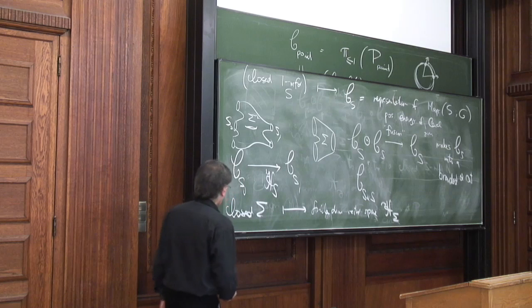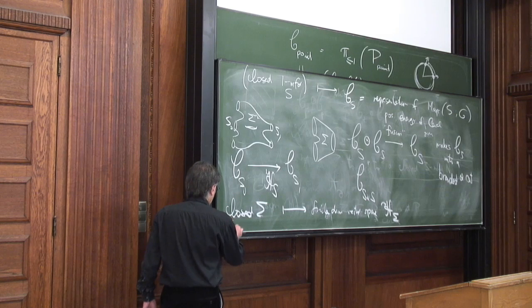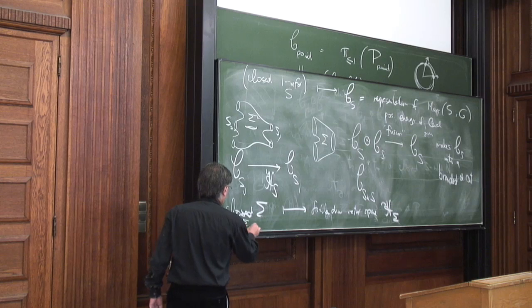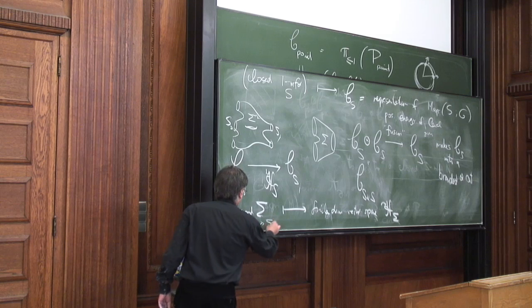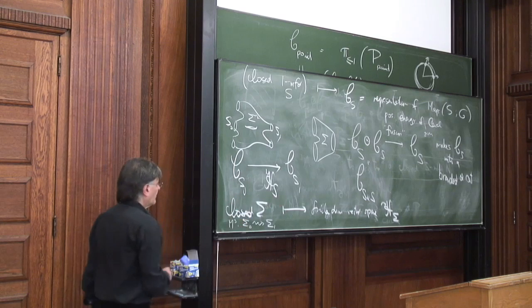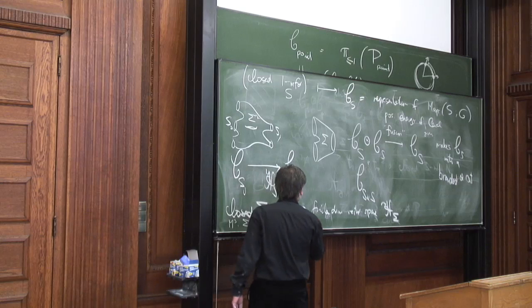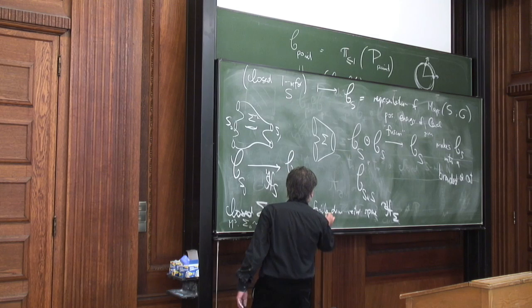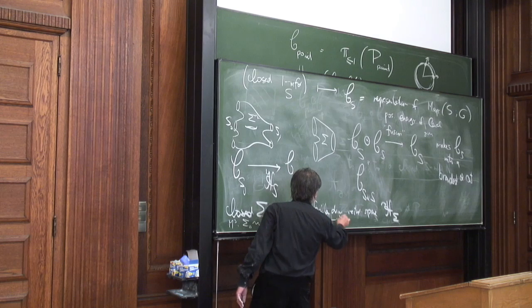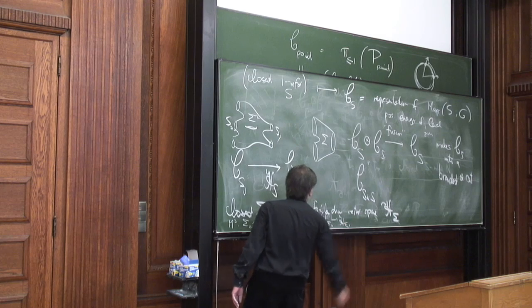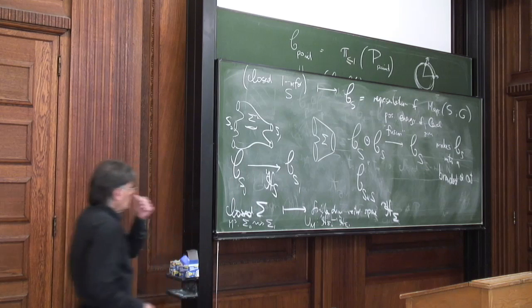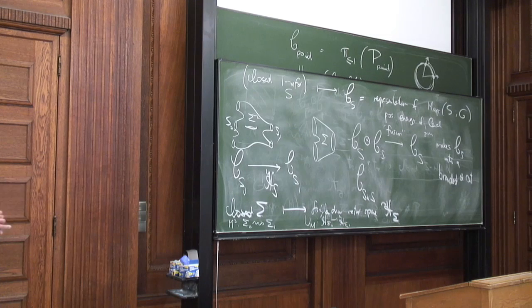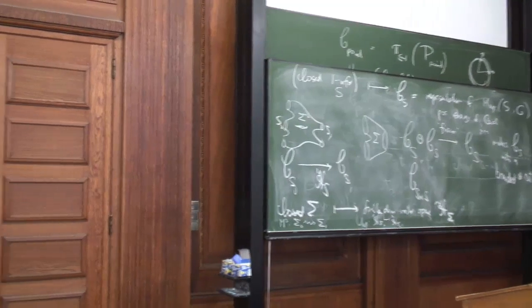And a 3-manifold, which is a cobordism from one of these things to another, will give us a transformation in the usual way, from H sigma naught to H sigma 1. Now, I want to explain some of the, I'm already over time, so I'll stop now.